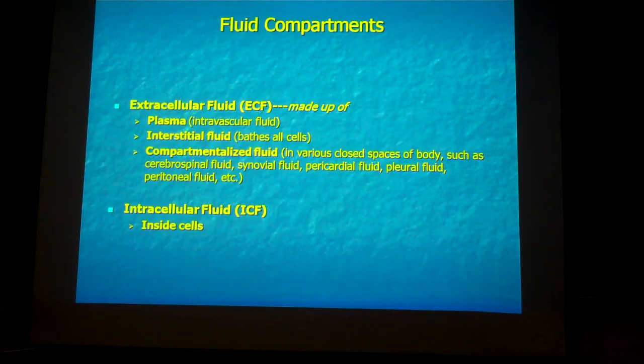So that means it's fluid in fixed spaces, like the cerebrospinal fluid that we have, joint fluid, the little bit of serous fluid around the heart and around the lungs and around the intestinal tract. So all of that makes up compartmentalized fluid.